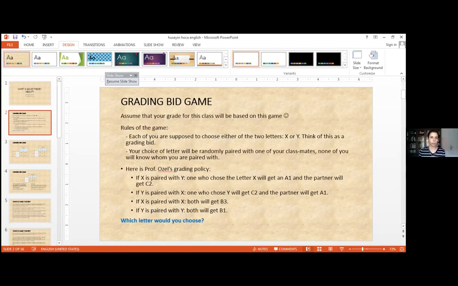If X is paired with Y, the one who chose X will get an A1 from this class, and the partner will get C2. The opposite is true for Y paired with X. If 2 X's are paired, then both will get B3. If Y is paired with Y, then both of you will get B1. Which letter would you choose and why?